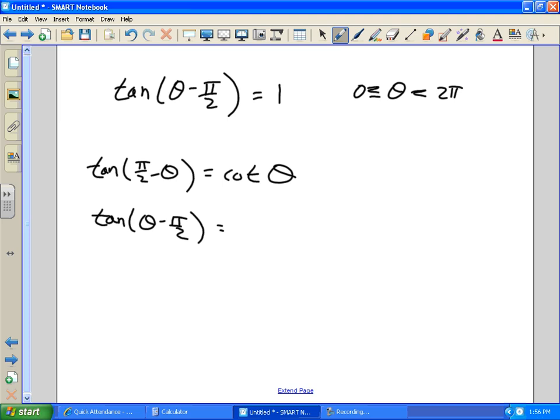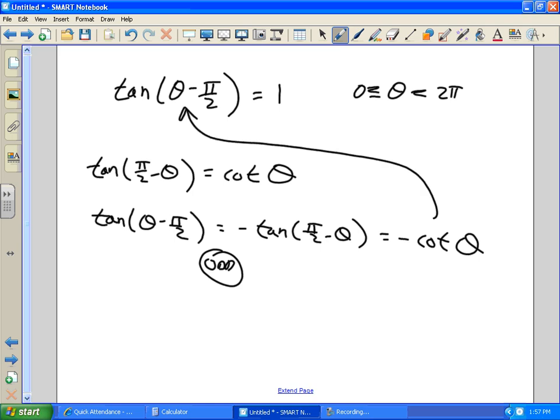Well, the tangent is an odd function, so I know this is equal to negative the tangent of pi over 2 minus theta. These are equal because this is an odd function. And therefore negative the tangent of pi over 2 minus theta is equal to negative the cotangent of theta. And so now I get negative the cotangent of theta is equal to 1. I want to isolate the cotangent, so I get the cotangent of theta is equal to negative 1.